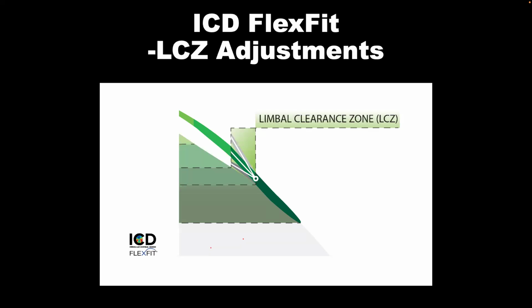But if we have a large limbal clearance, then we will have conjunctival problems, mainly that we will see on the inferior part, because sometimes with the lens decentering a little bit, it will create a type of prism on the fluid reservoir, and then you will see that conjunctiva get in and settle in between the lens and the cornea. So this we can manage by changing the limbal clearance zone as well.